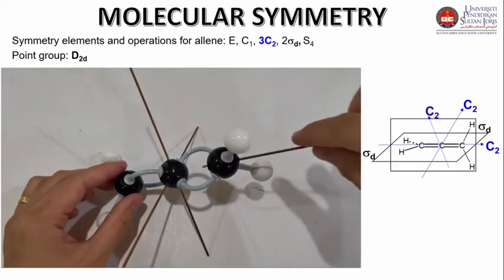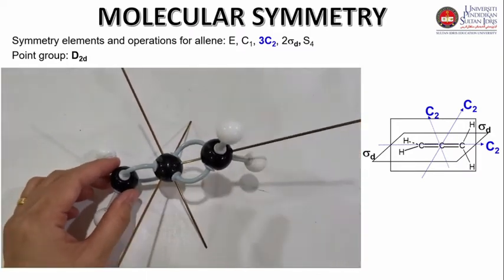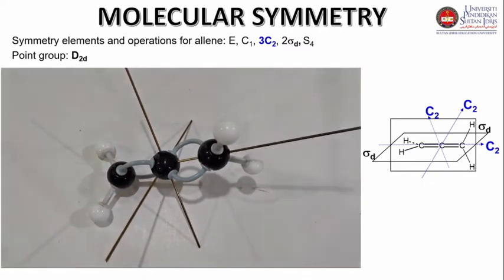So the total number of C2 axes is 3. There are 3 C2 present in the molecule. Also the E operation exists in all molecules, and the C1 operation also exists there. So E, C1 and 3 C2s are there.